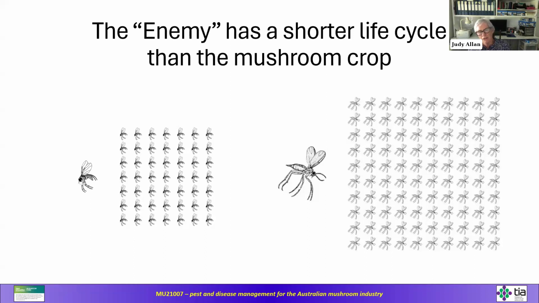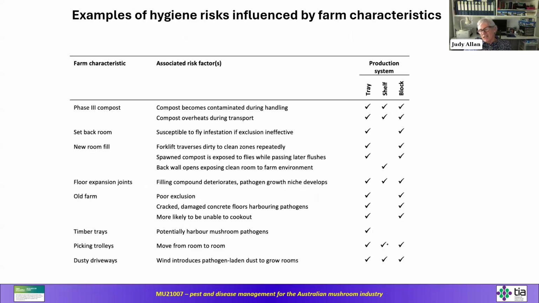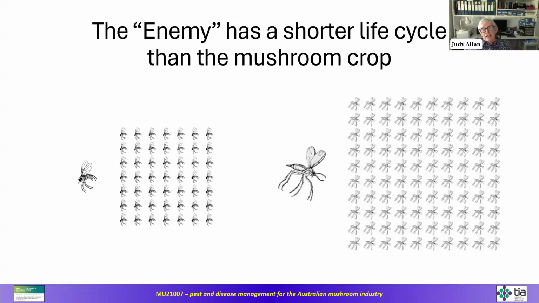While one phorid can lay 50 eggs, so one phorid on your farm, just think of it, if it's at filling, in 3 weeks' time there'll be 50 flies. And if it was a sciarid that was there on filling day, there'll be 100 adult flies there. And then by the time, in 3 weeks' time, there's another generation.